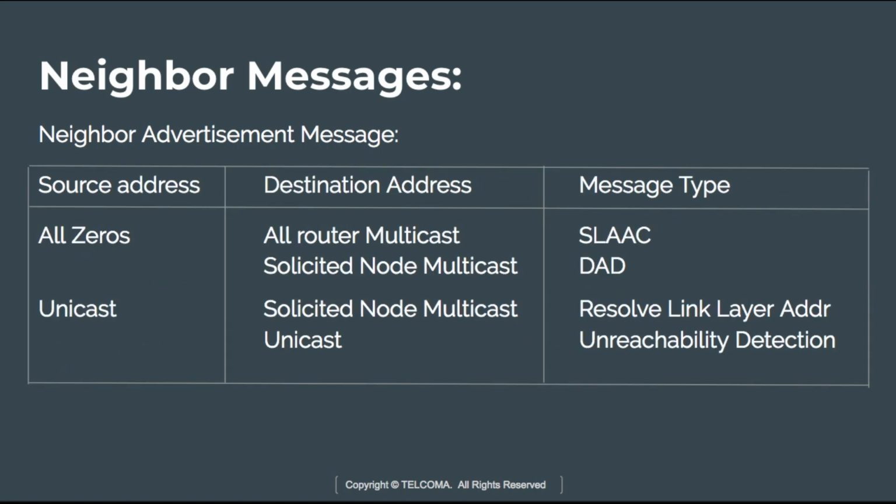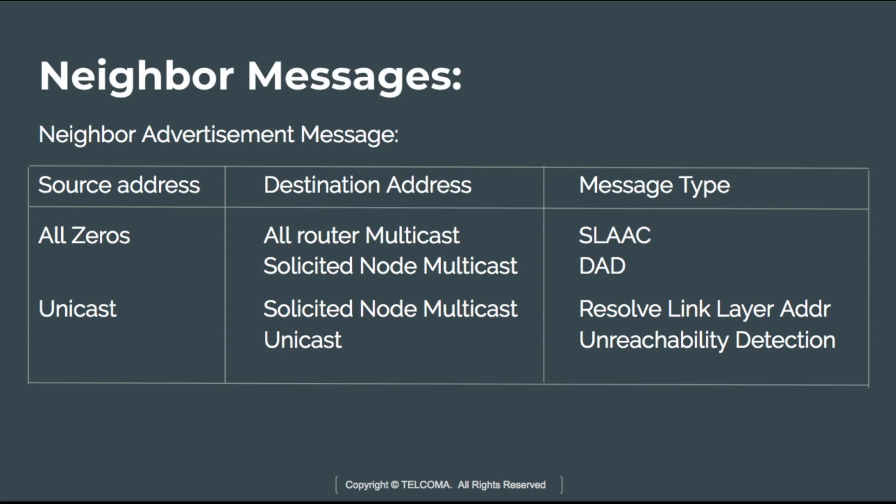The last one, the neighbor advertisement message types. Here if the source address is all 0, then the destination address is all-router multicast. If it is all-router multicast, the message type is SLAAC. If it is solicited-node multicast, then the message type is duplicate address detection.